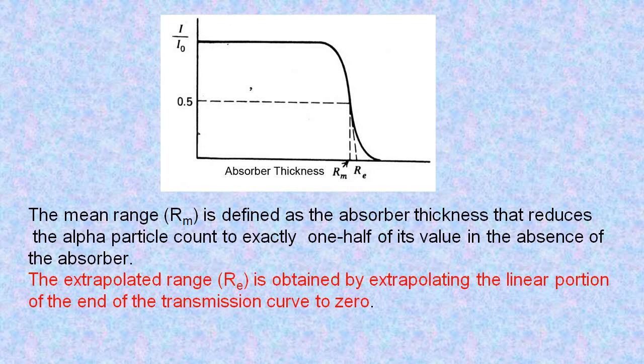Up to this point, all particles are coming out, and after that the number decreases. So this corresponds to the range of some particles, and this is the range of the maximum particles. Actually this is the mean position of that range. That is why you are considering it as the mean range.